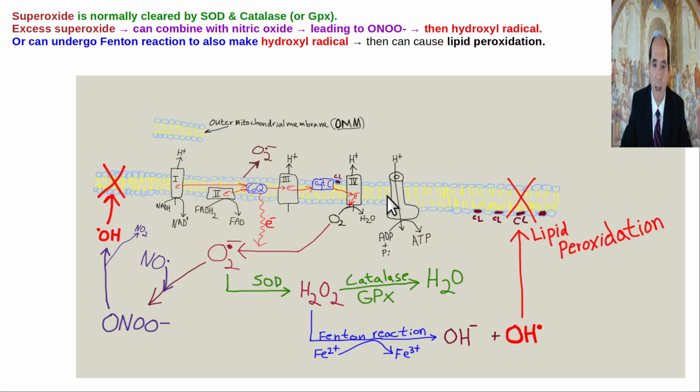This is just showing what happens when you have a block here, like let's say due to saturated fat. Electrons can no longer be transported along here, so they'll start to drop down into the matrix. They'll combine with oxygen to make superoxide. That's a free radical with the extra electron unpaired in its outer orbital. And it's usually quickly neutralized by superoxide dismutase, SOD.